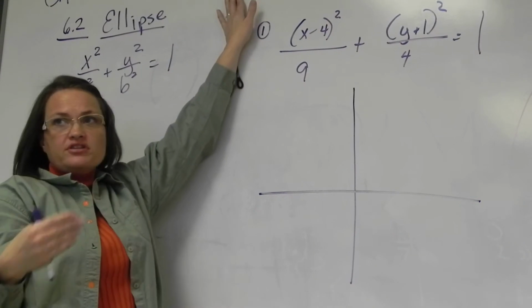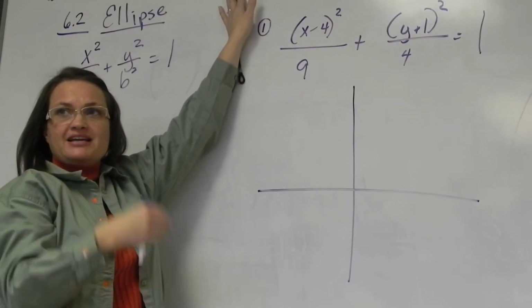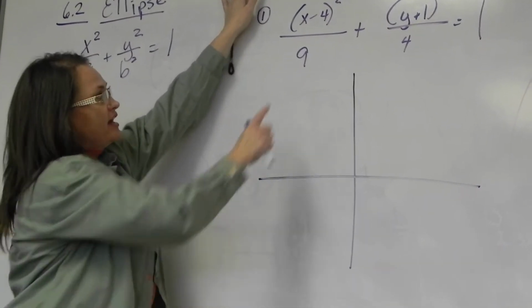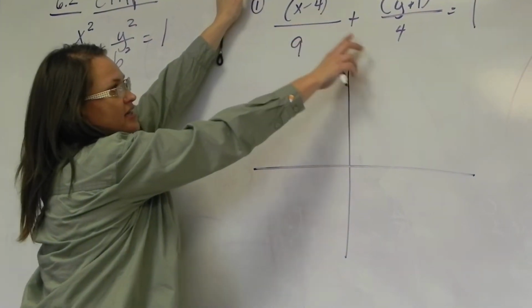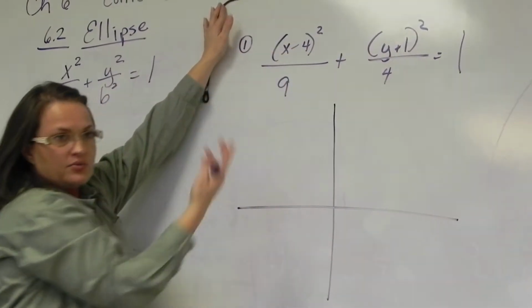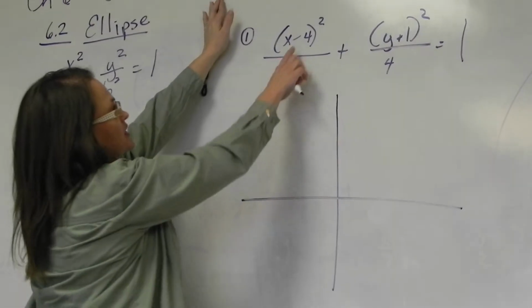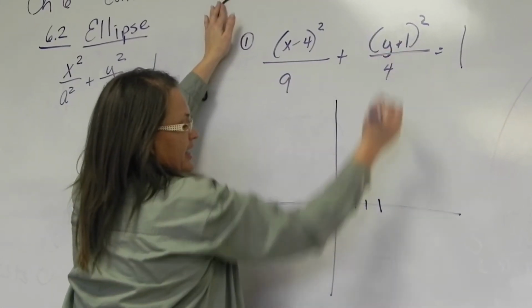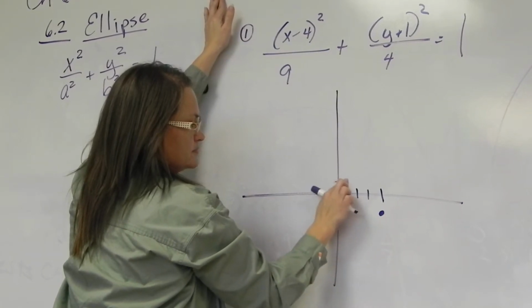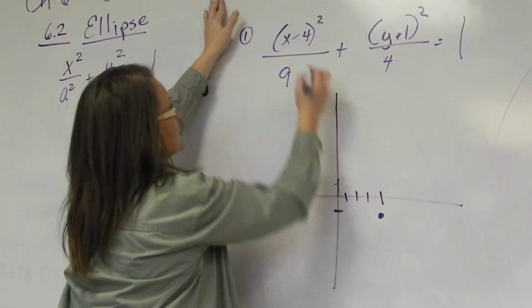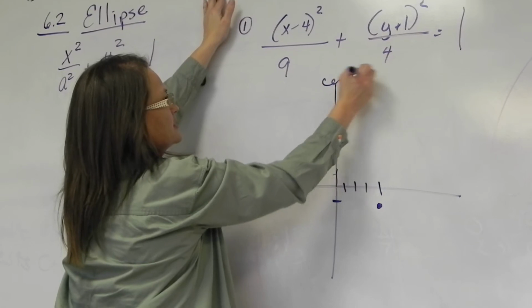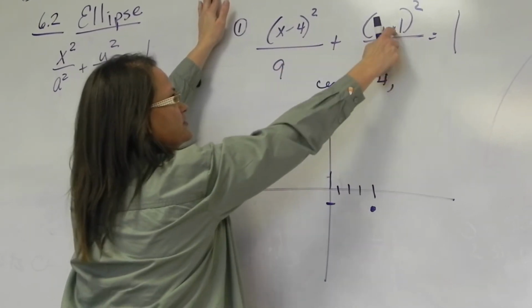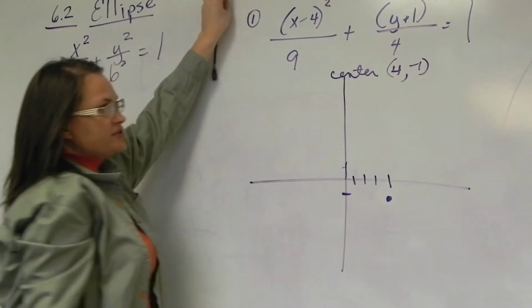You know, guys, every formula we've used has had a negative sign in the parenthesis, and that's why we're always changing these signs. If it's grouped in a parenthesis, you're using the opposite sign. So for the center, it's over 4, and that would be down 1. Okay, so the centering is at positive 4, the x shift, and negative 1, the y shift.